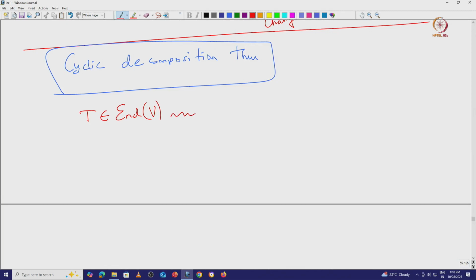If we start with this operator T, we can take some subset S of V and then look for the smallest T invariant subspace that contains S. Theoretically speaking, we can simply take all possible T invariant subspaces containing S. That set is non-empty because V itself is one of them.